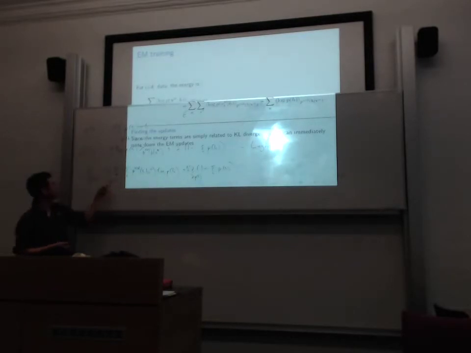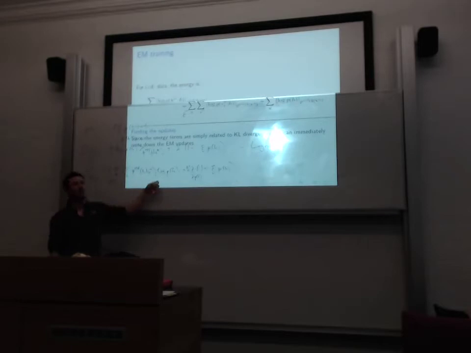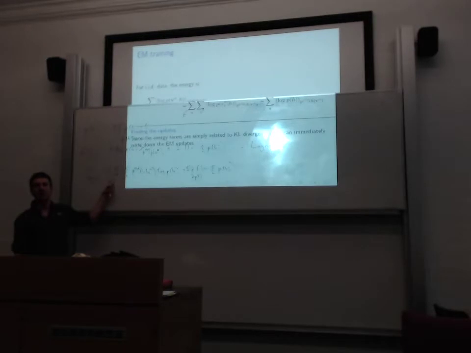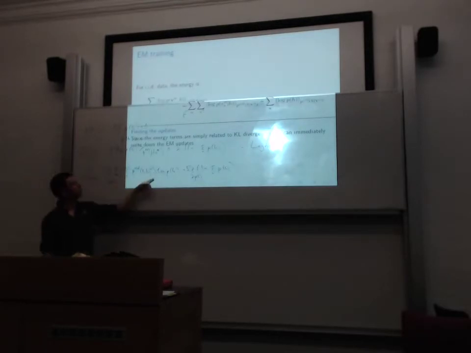So if I differentiate with respect to a single particular component h, only the hth term in the summation is actually going to be a function of p of h. All the other ones will be constants. So that means this summation will disappear, and we just take the derivative of this with respect to p of h. Is that clear?